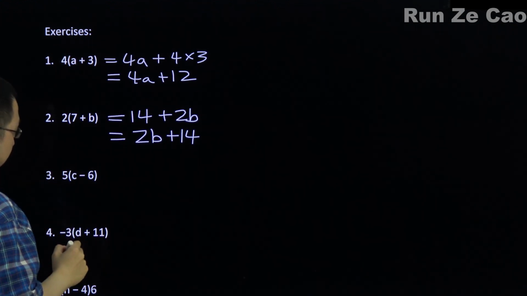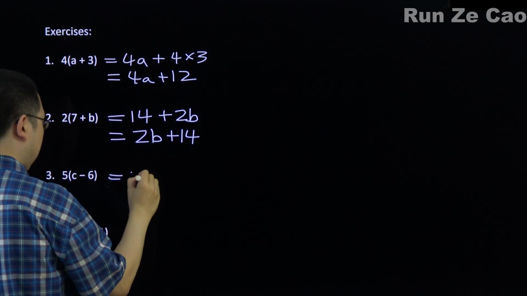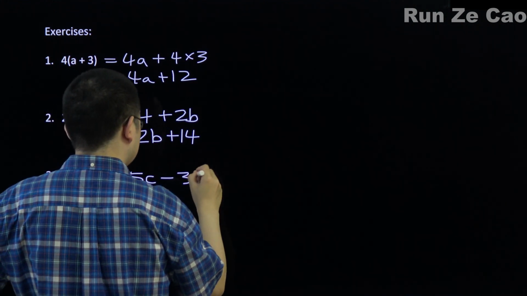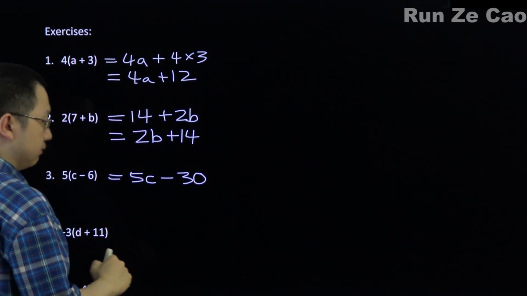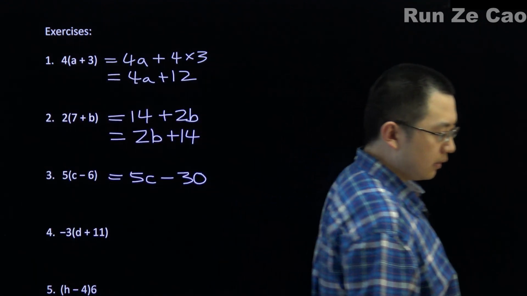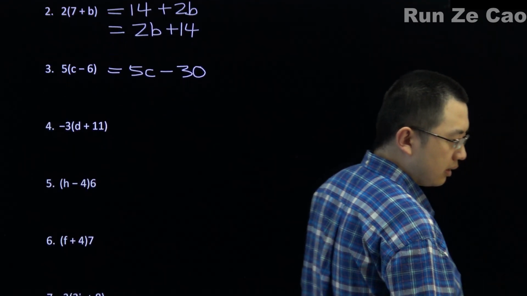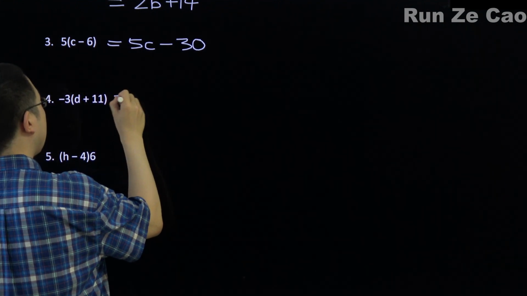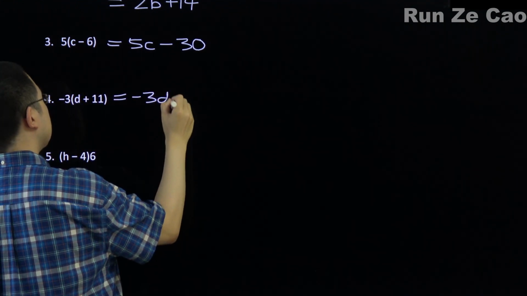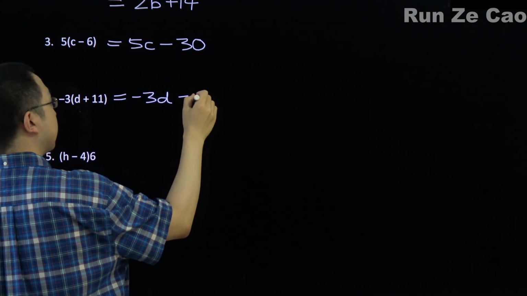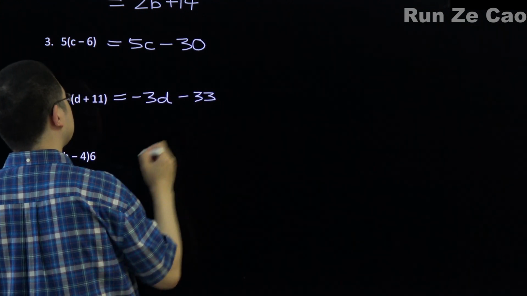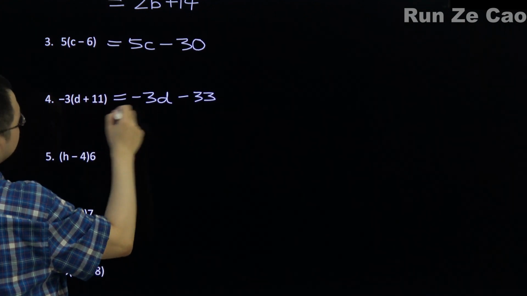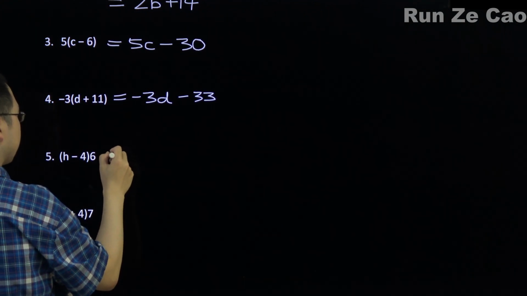Now 5 times (c minus 6), well, that's 5c minus 5 times 6, which is 30. -3 times (d plus 11) is going to be -3d minus 3 times 11, so minus 33. Well, I mean, technically it's plus -3 times 11, but same result nonetheless.